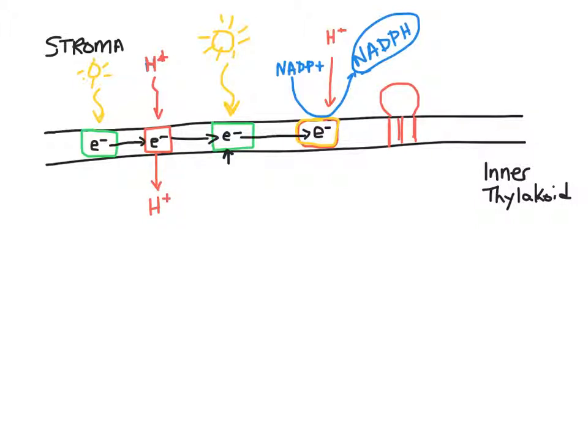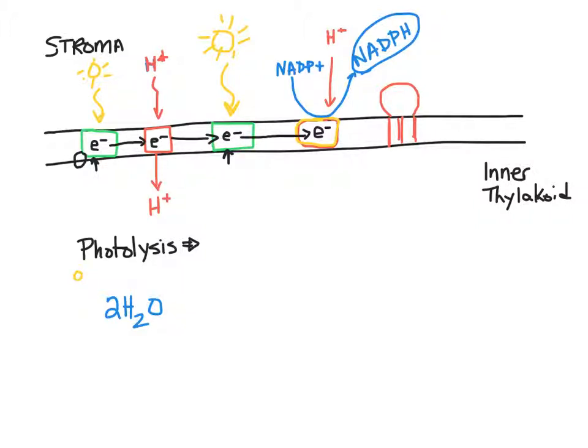Okay? So once we've lost the electron at photosystem 2, okay, we've lost that electron, so it's now oxidized, we need to find a source of electrons. And this is where what we have called photolysis comes in, and it sits right next door to photosystem 2. That's photolysis. In photolysis, basically, you have 2 water molecules, okay?